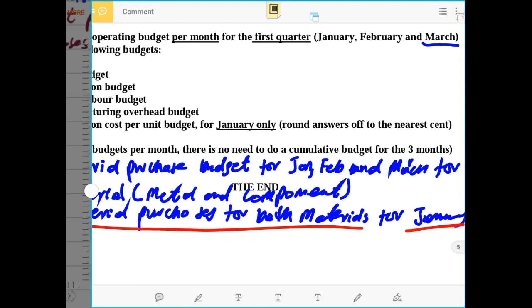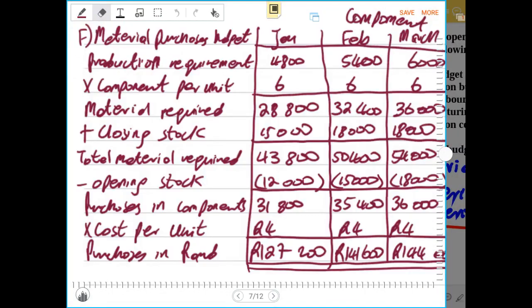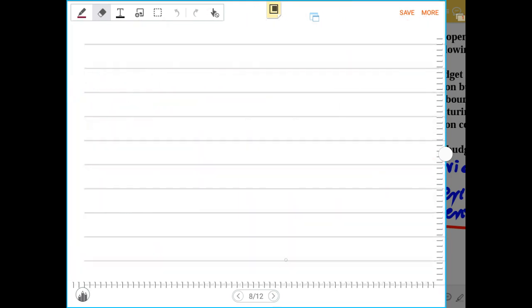So I'm doing material purchases only for January for both components combined, which is the last part of this question.